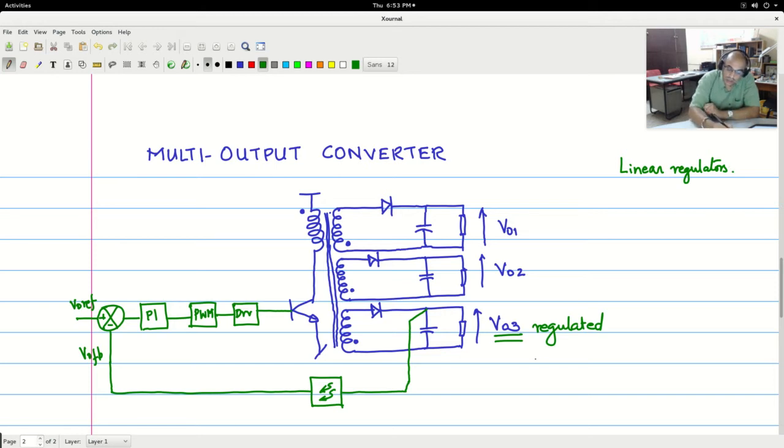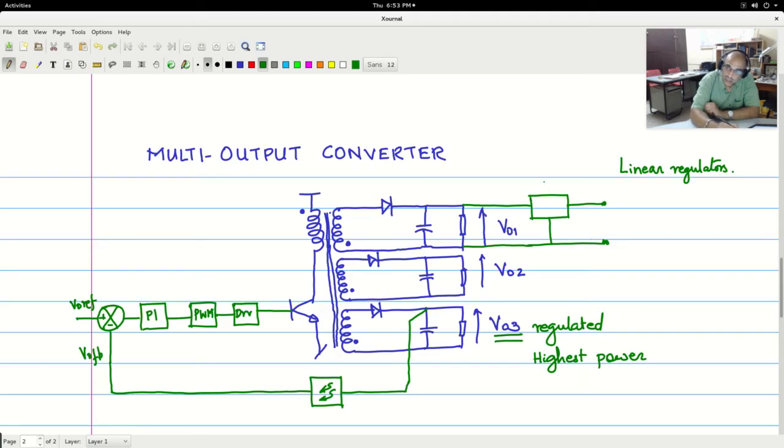Normally the output that is supposed to handle the maximum power, the large power, is given by closed loop. The other low power ones are handled by small 3-terminal regulators called linear regulators.